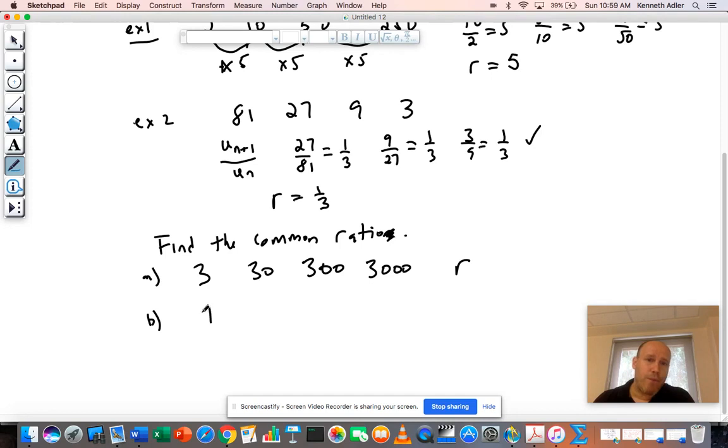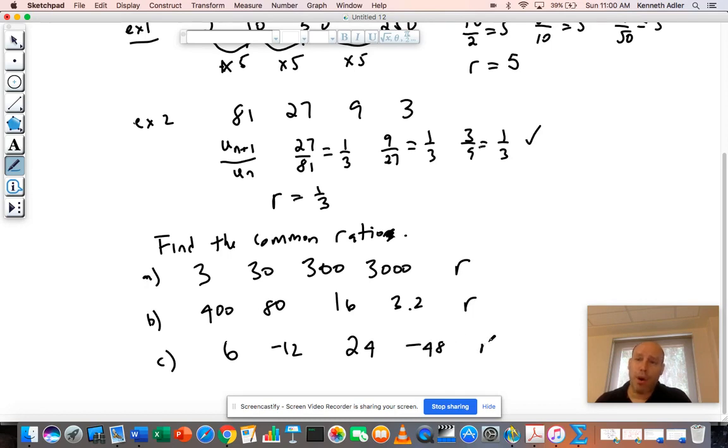Try 400, 80, 16, 3.2. Find the r. And then the last example, 6, negative 12, 24, negative 48. Find the r. Okay, put the video on pause and figure this out.